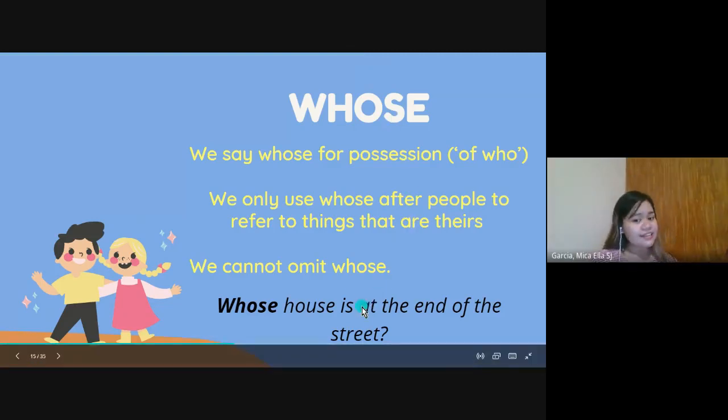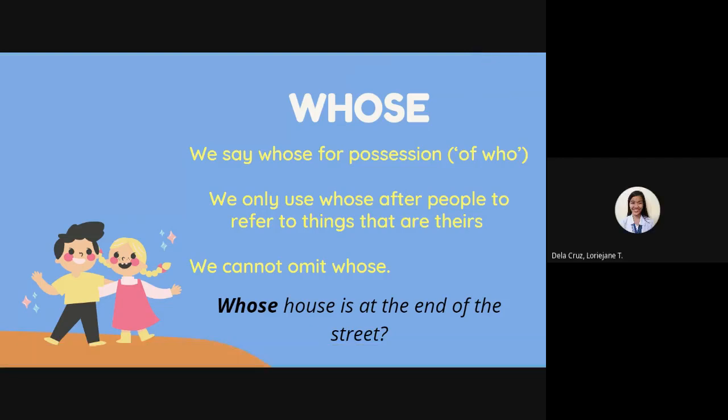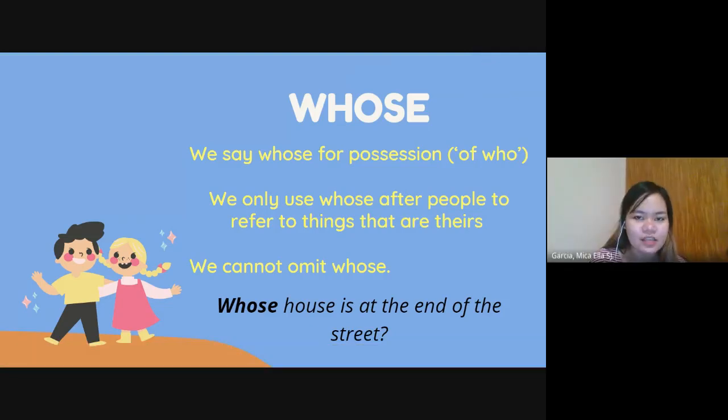So in this sentence, as you can see, you are asking for someone who owns the house at the end of the street. That's why we use the relative pronoun whose to refer to someone who owns the house. Did you get that? Yes po. How about others? Thank you.